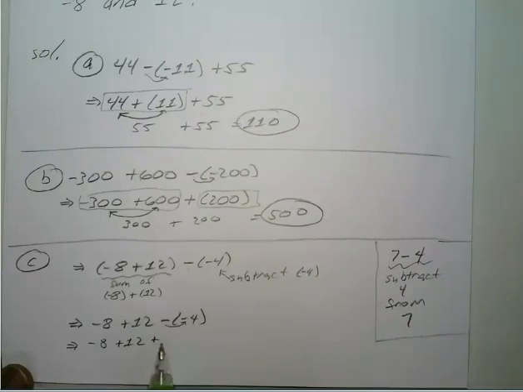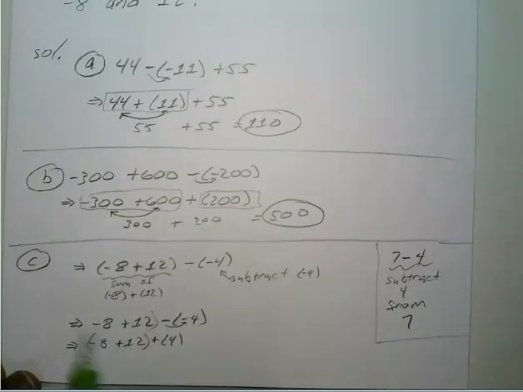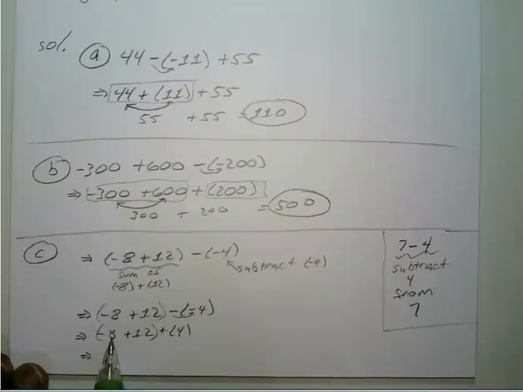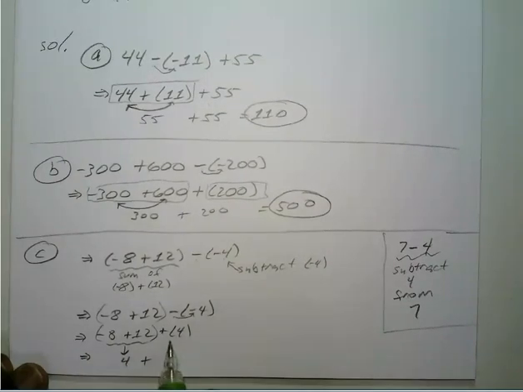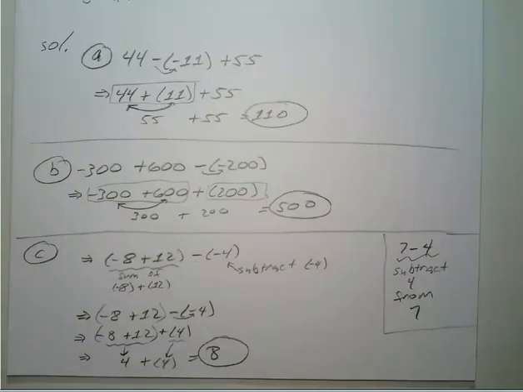So instead of -4, it'll be +4. Okay, and we can leave the parentheses there if we want to. Okay, so -8 plus 12 is +4. So 4 plus this 4 here, which gives us an answer of 8.